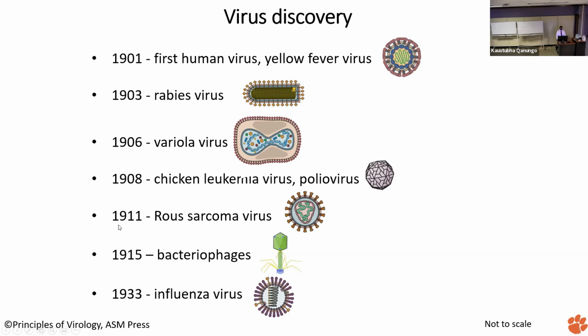And we're going to see that in 1911, the Rous sarcoma virus was discovered. From that virus, which causes a tumor, many significant discoveries were made. We're going to talk about it many times.